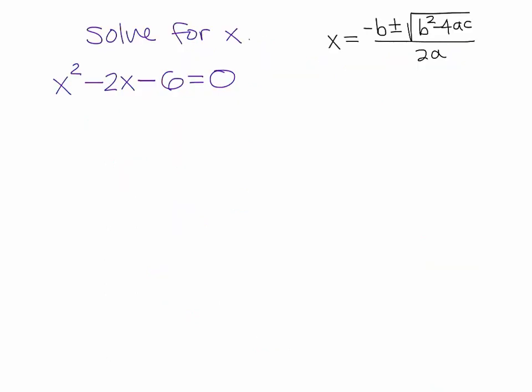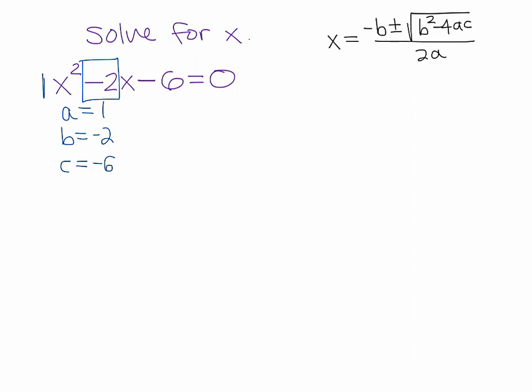So in this problem, we'll be using the quadratic formula to solve for x. You're given x squared minus 2x minus 6 is equal to 0. First, define your ABCs. A is the leading coefficient, so that's 1. B is equal to negative 2. And then C is equal to negative 6.